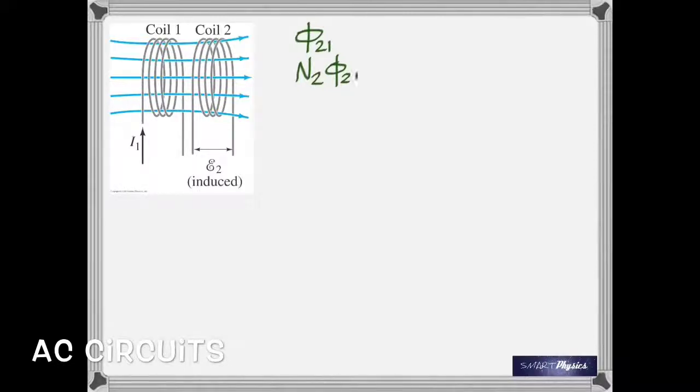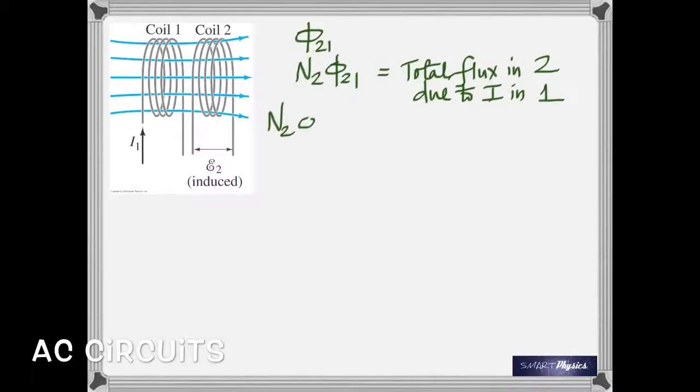Therefore, the total flux N2 phi 2,1 will be equal to, I'm saying that's the total flux in which coil? In the second one. And according to the formula that I just told you, we can write this as a constant multiplied by I1.